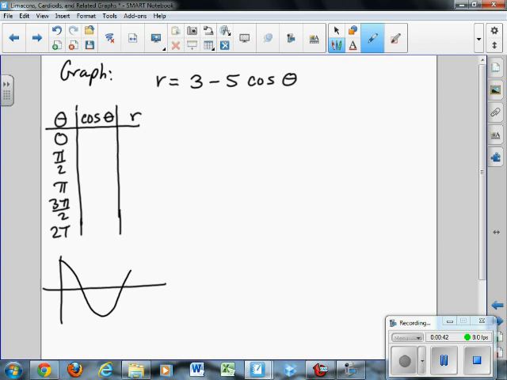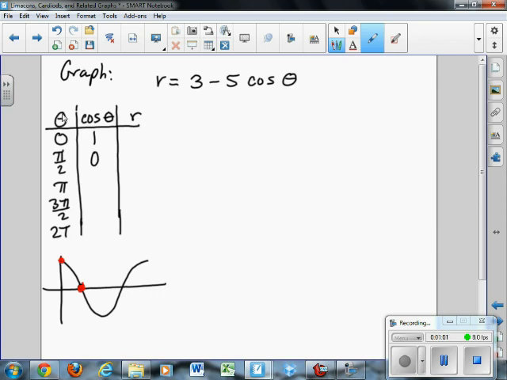Here's our cosine graph. When theta is 0, cosine of 0 is 1. When theta is pi over 2, so that's this point right here, cosine of pi over 2 is 0.